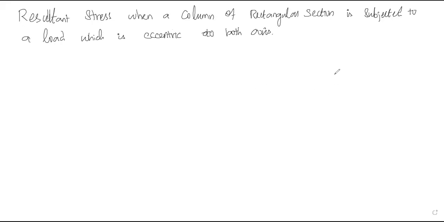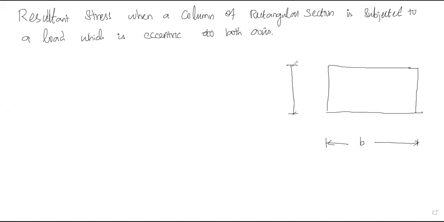Okay, so first of all consider a column of cross section breadth b and depth d. So this is about x axis and this is about y axis.